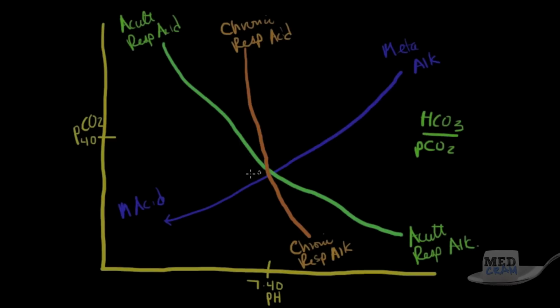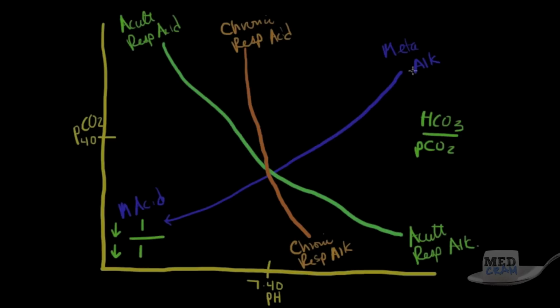So we know that down here, they're both going to be going down. How much does the bicarb go down? Well, I'll tell you, for every 1 point that the bicarb goes down, the PCO2 should also go down by 1 point. And that's how you can tell that what you're dealing with there is a metabolic acidosis.